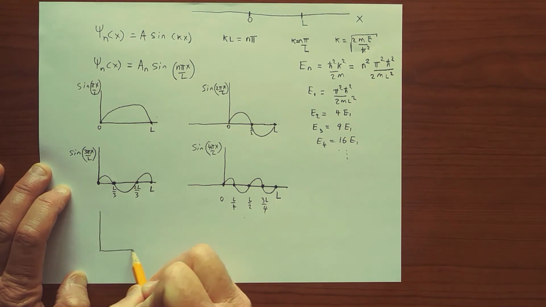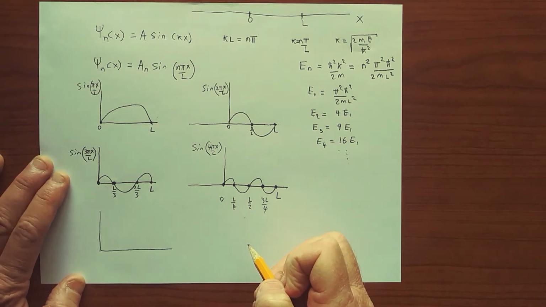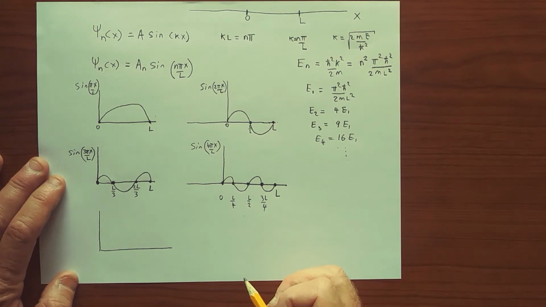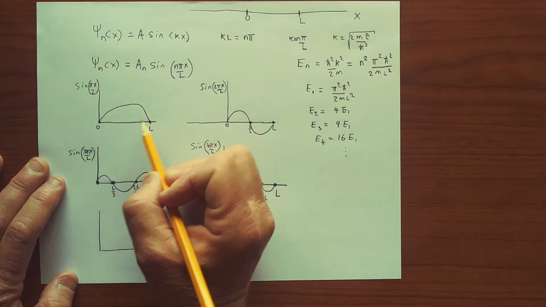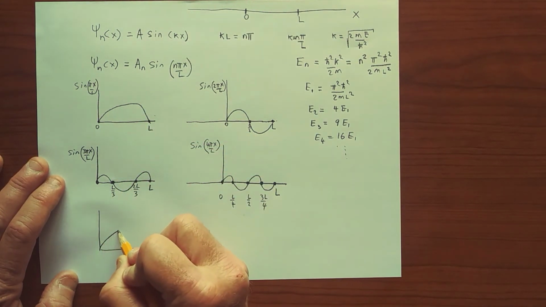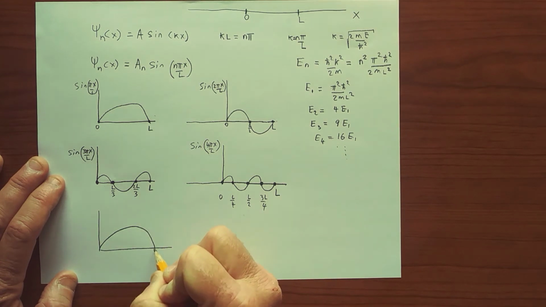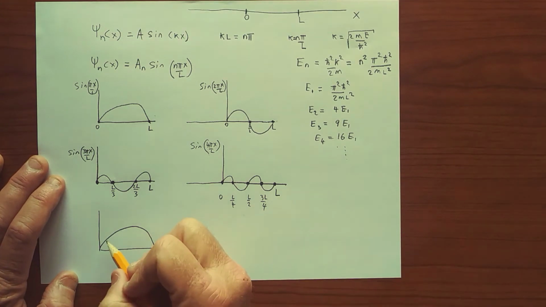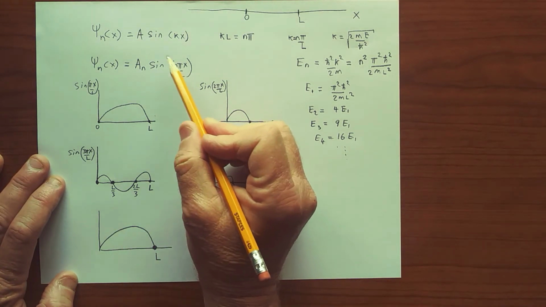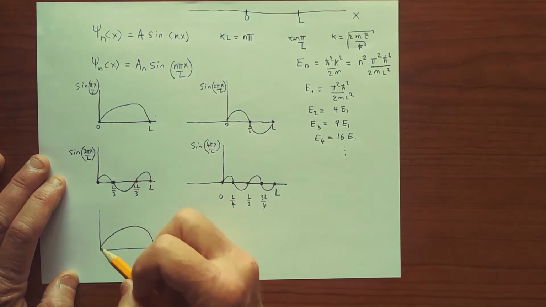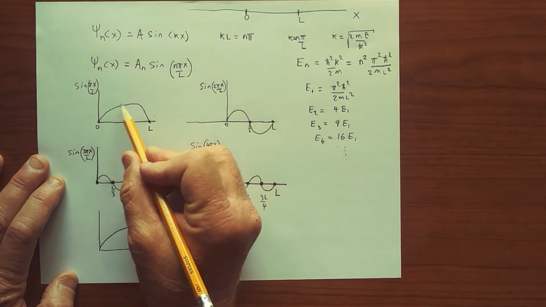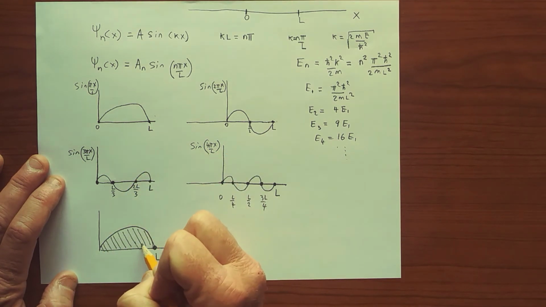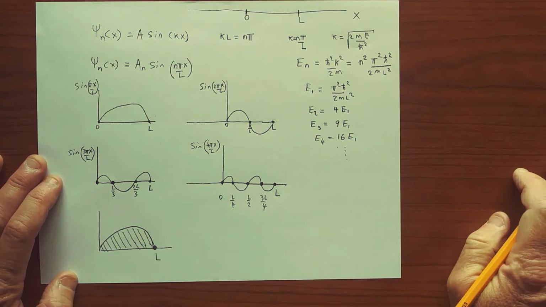So here is the sine function that we see here, which goes to 0 at x equals L. Of course, we need to consider the modulus squared. We want to integrate this kind of function, and so it's going to be a little bit different from this because we're squaring it, but that will give us the total area under the curve, and the integral of that would have to be equal to 1.